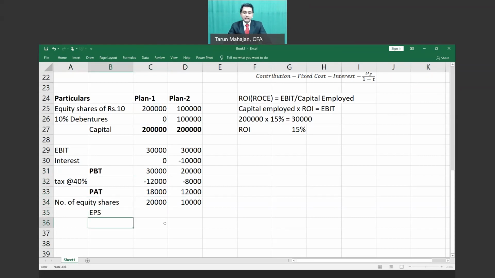Here I'll get EPS, which is profit after tax divided by number of shares. It is 0.9 and 1.2. Just observe this carefully, and then I'll give you one very fantastic analysis of degree of financial leverage.